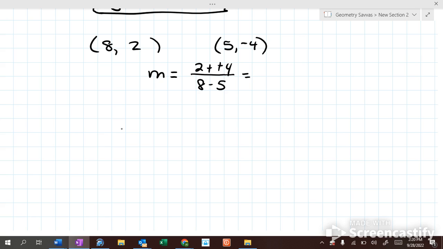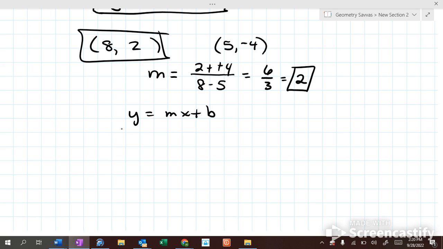So if we go plus or positive, we get 6 over 3, which is 2. There's my slope. Does it matter which point I use in my y equals mx plus b? No, it doesn't. But we want to go put them into y equals mx plus b. I know y, if I use this point, y is 2, m is 2, x is 8 plus b.